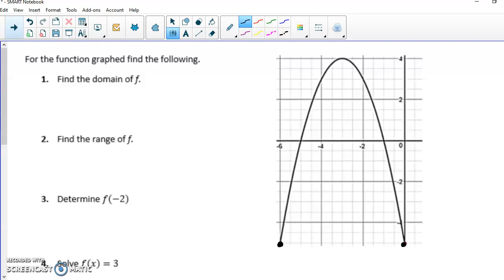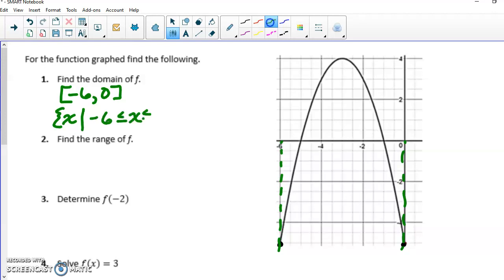Well, we've got x values from -6 to 0, and those are included values. We know that from that closed endpoint. So from -6 to 0, included. We can also state that we have a domain of x such that -6 is less than or equal to x is less than or equal to 0. Either one of those, of course, communicates the same domain relationship.